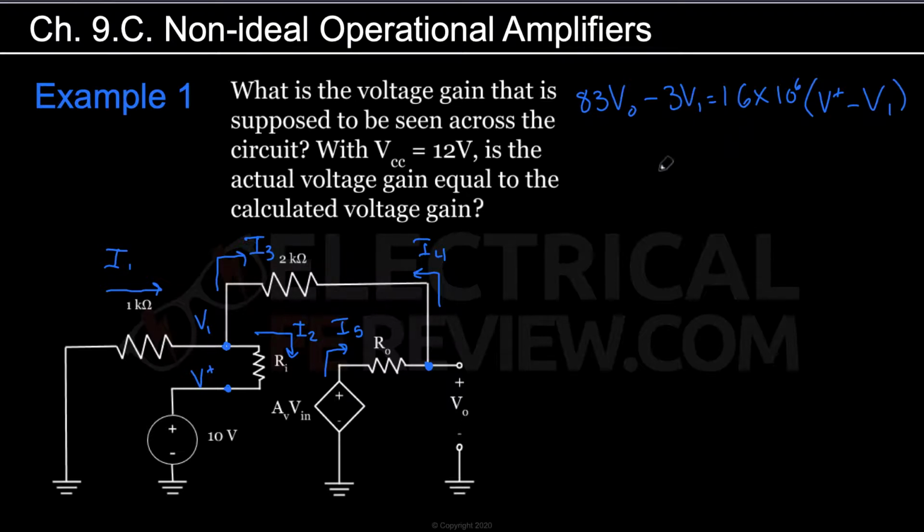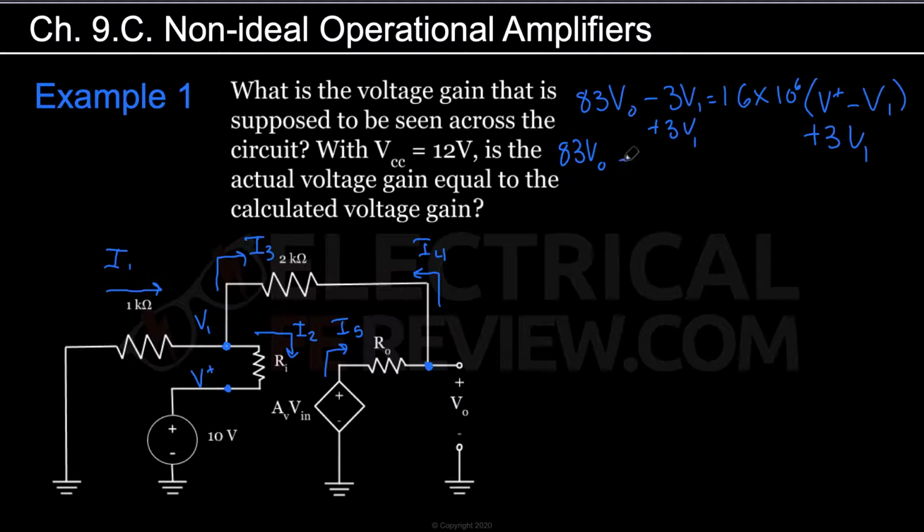So what we can do is distribute this 16 million to both, and then we can move this V plus over to this side and move the 3 V1 to this side. And so what you get when you do that is 83 V out. We're going to add our 3 V1 to both sides.